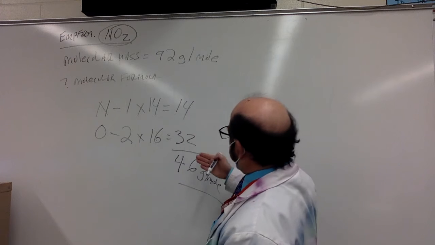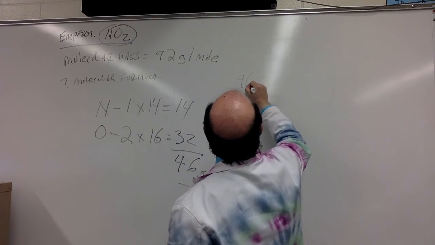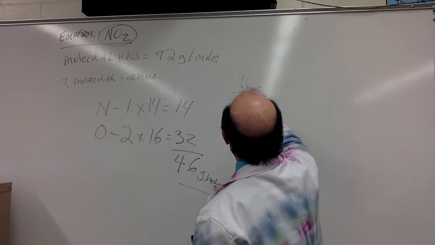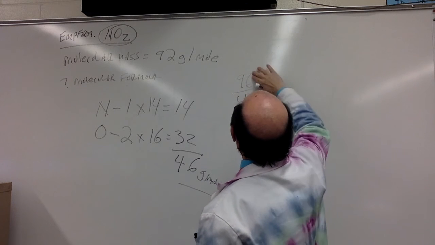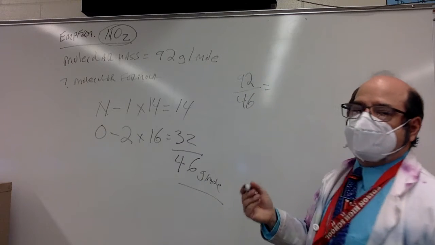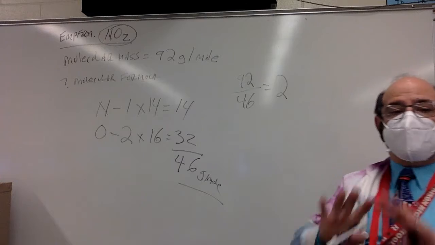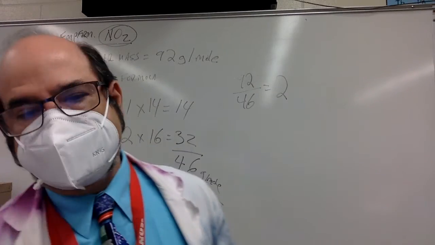So how many of these are in here? So 92 divided by 46, do the math, gives us 2. So we know that there's 2 pophams.